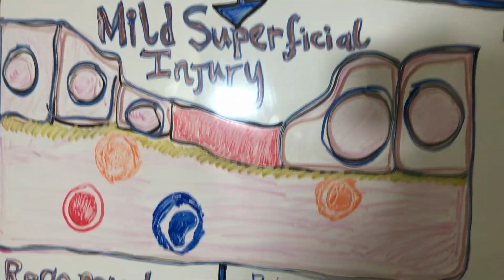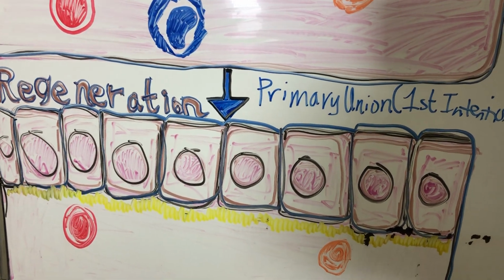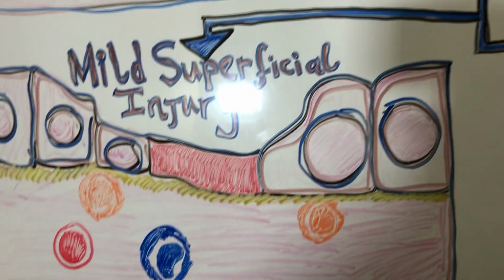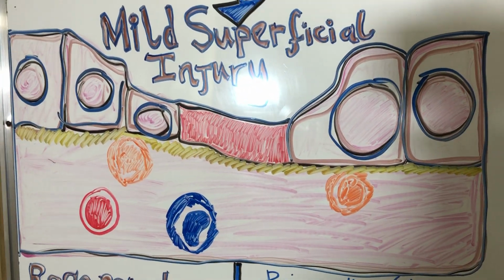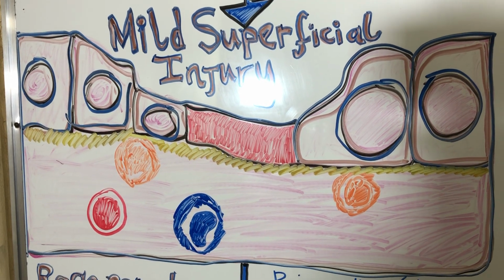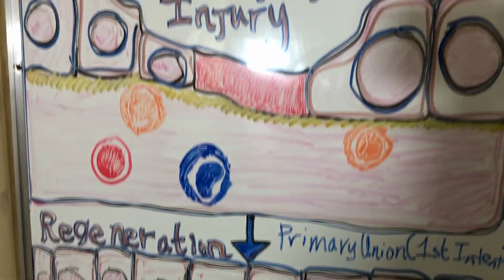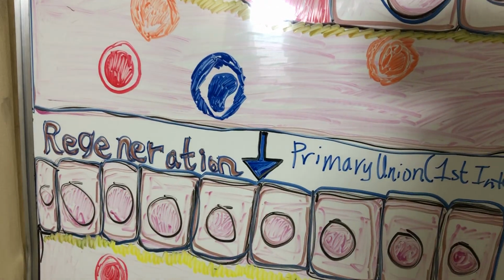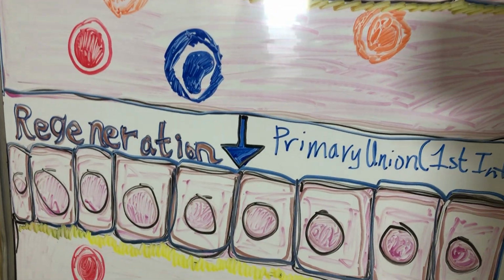And the mild superficial injury heals by primary union or first intention and regeneration, where nearby and adjacent epithelial cells begin to proliferate to cover for that damaged layer, as long as it did not go deeper into the underlying tissue. And we have stem cells, tissue stem cells, that participate in the healing process.